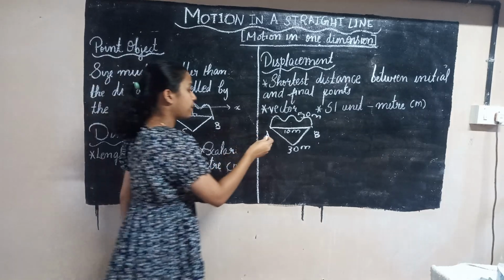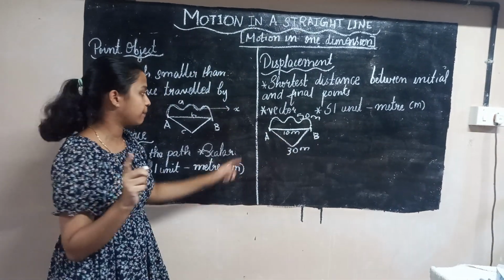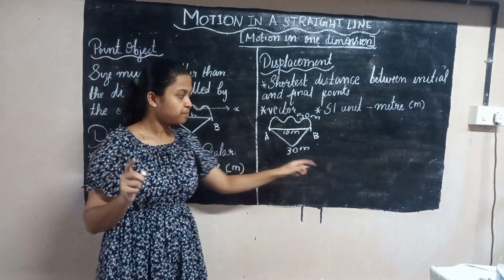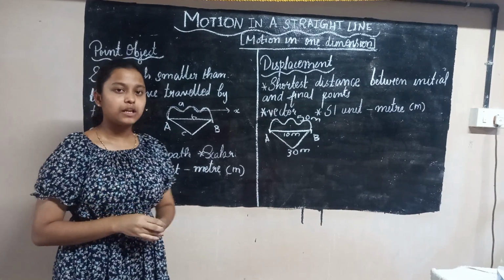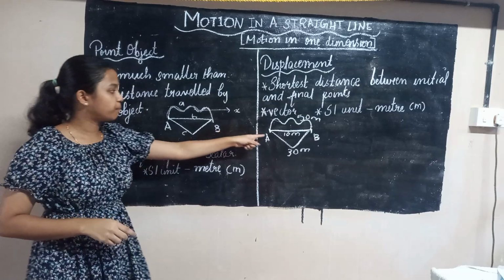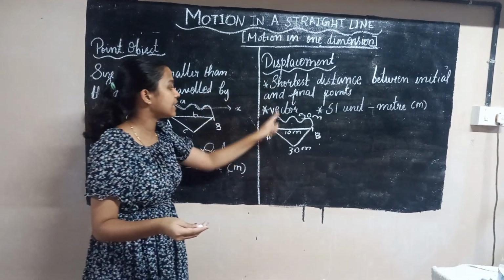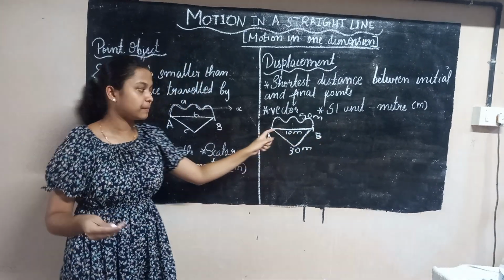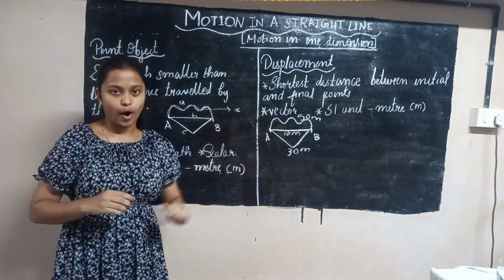Displacement is dependent on the initial and final position and it does not depend on the path travelled. Between 2 points, only one displacement is possible, unlike distance, where infinite distances are possible between 2 points.